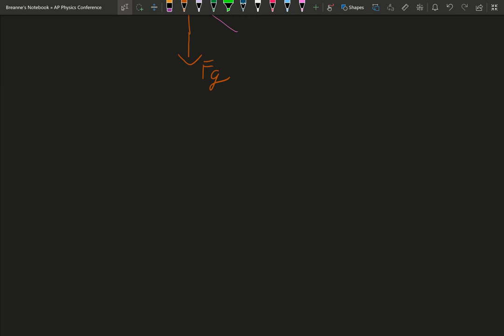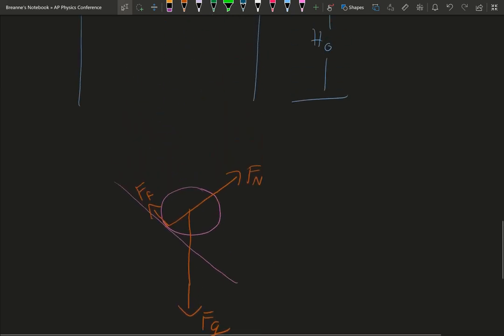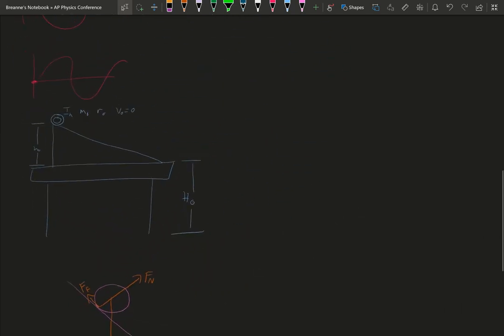Then it says, after it is released from rest, the hoop rolls down the ramp, launches horizontally off the edge of the table, and lands a horizontal distance d from the edge of the table. So now we're adding to the diagram and saying that from here to here is d.